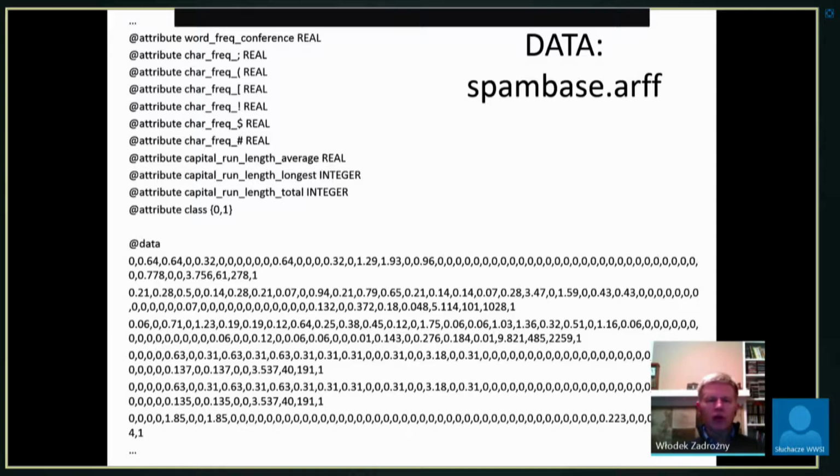And for each document, we have the value of the attributes. Okay, so we have, if I remember correctly, 58 attributes, of which the last one is the class.